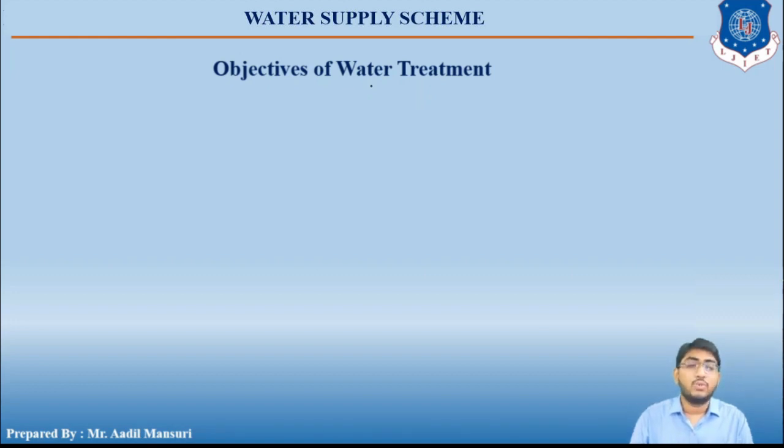So after treatment the water should be hygienically safe, and it should look clear, crystal clear, so that it is aesthetically attractive. And all these treatments should be done in an economical manner.